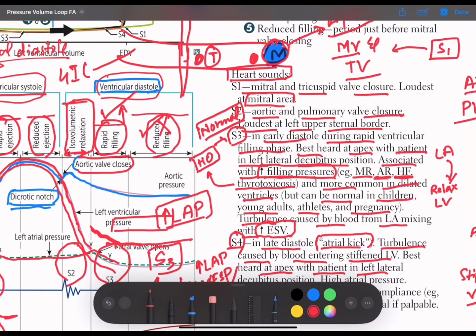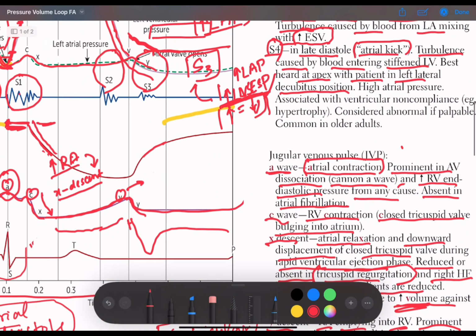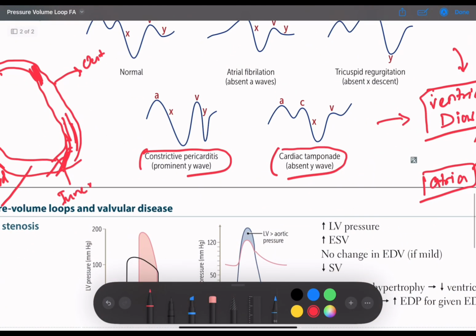So we will have increased rapid filling, and this increased rapid filling generates a sharp, prominent Y wave. This specific pressure tracing is known as dip and plateau. We have A wave followed by X, then we have V wave, then we have a sharp Y wave followed by plateau. So this is known as dip and plateau.